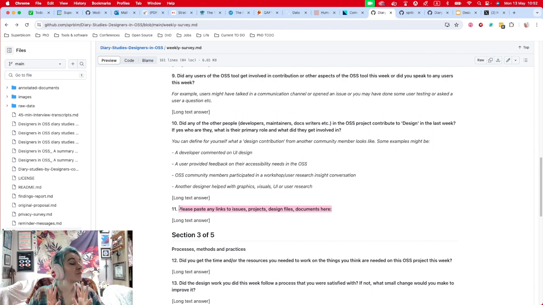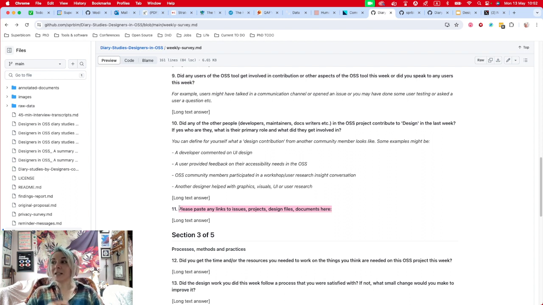And it was so cool to eventually see people sharing design files with us and talking through them, or user research documents they were in the process of writing, or graphics they were building for projects.